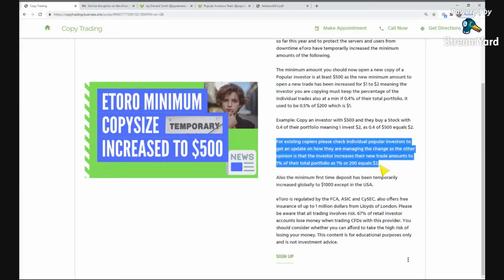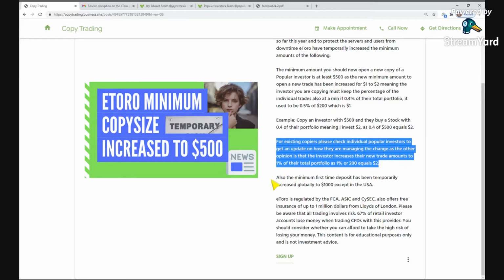So you always have to have $2 for each trade that the popular investor has done. The percentage he opens a trade with, you divide that into the amount that you have invested, and it has to be $2 or above.